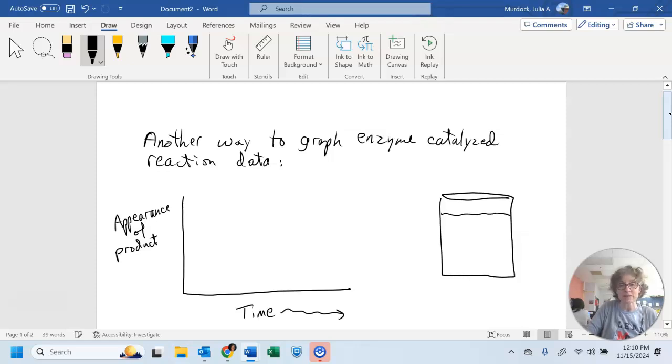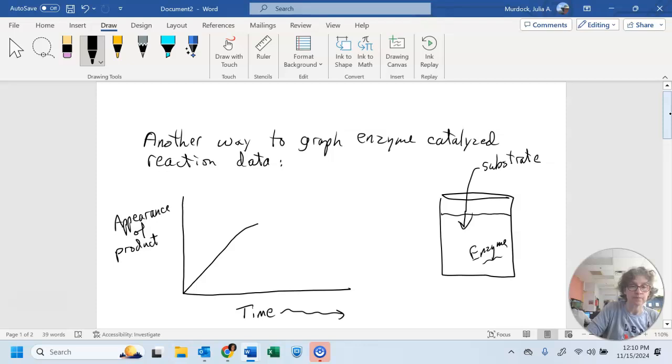So a finite space, you put some substrate in, whatever it is, and you already have enzyme in here that's finite. It's there. And the reaction fizzes up and then goes to its endpoint, right? And you measure the amount of product as it appears. And it winds up looking like this. Which looks exactly like the curve on the other graph, doesn't it?